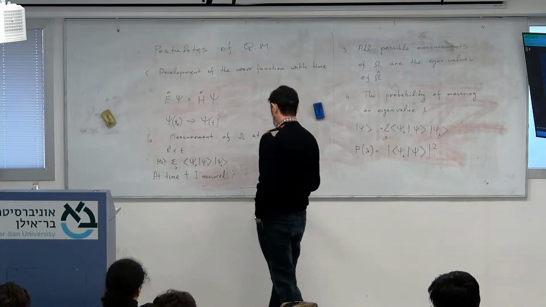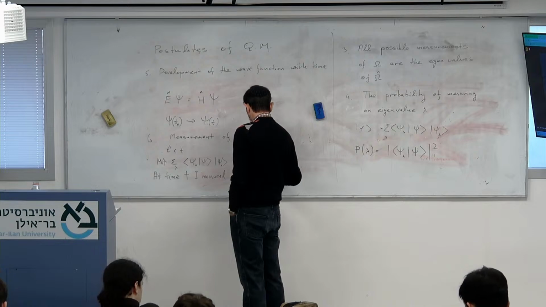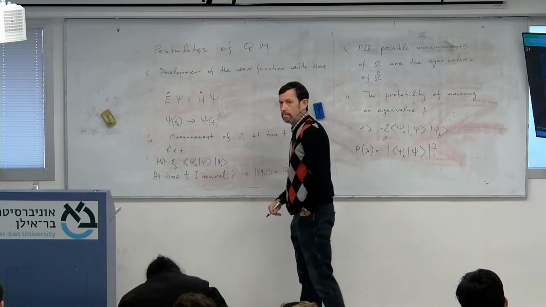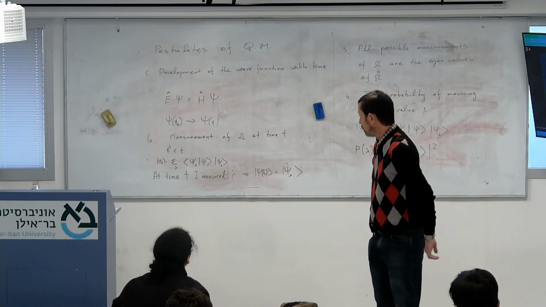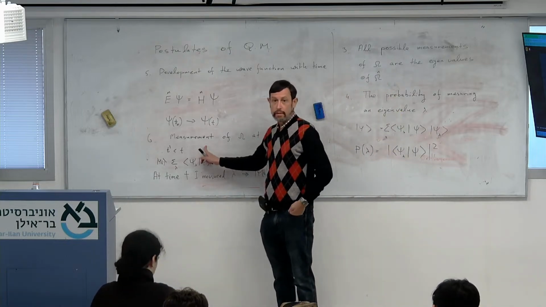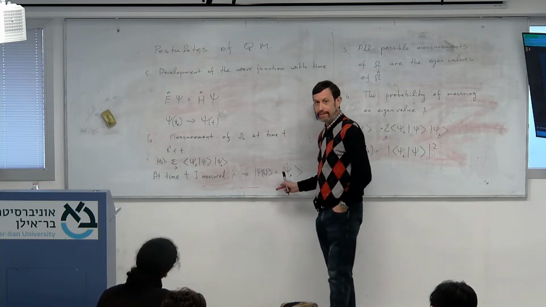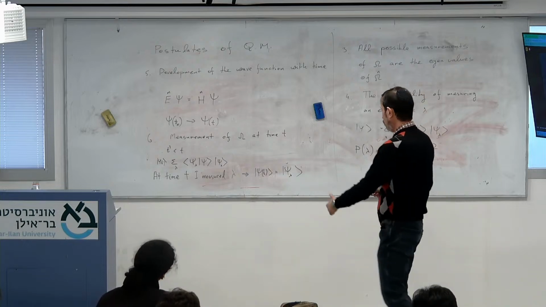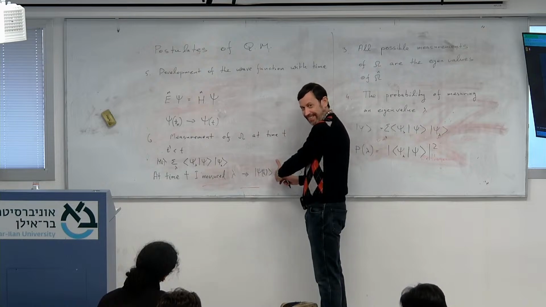That means all the other components die out because I measured that it's at state psi lambda with probability 1. Therefore, I don't write here any scalar because it's 1. I know, I measured it in lambda.